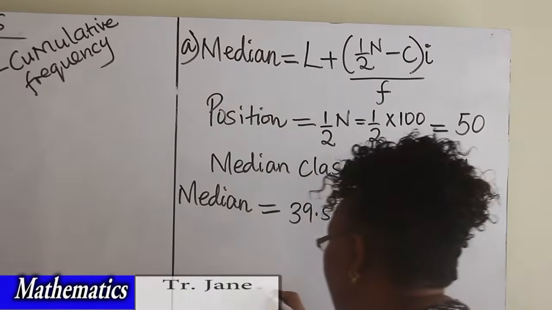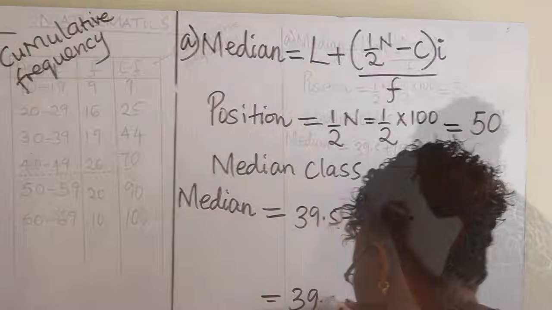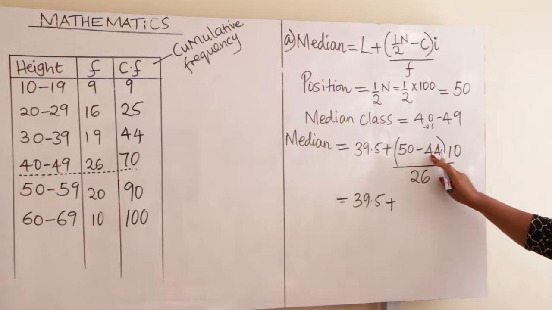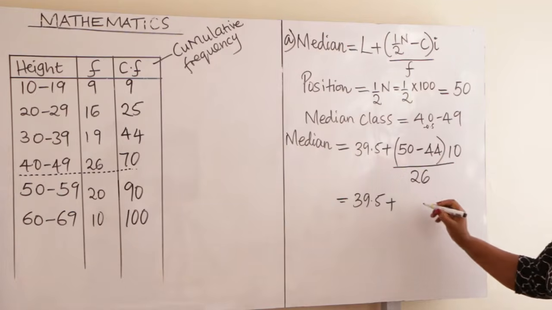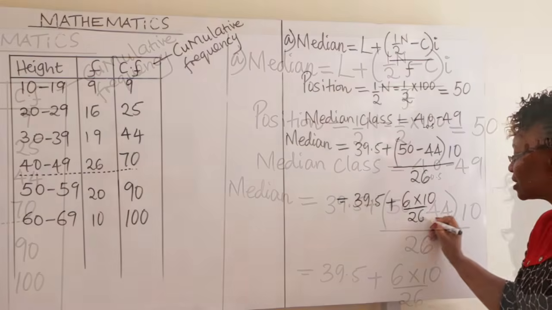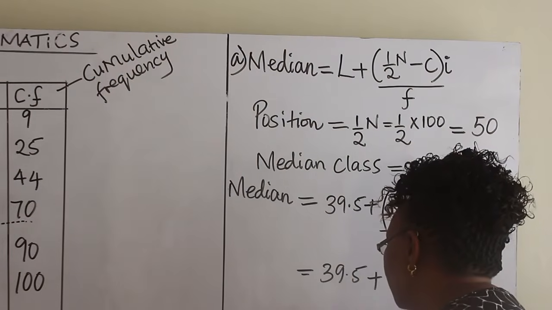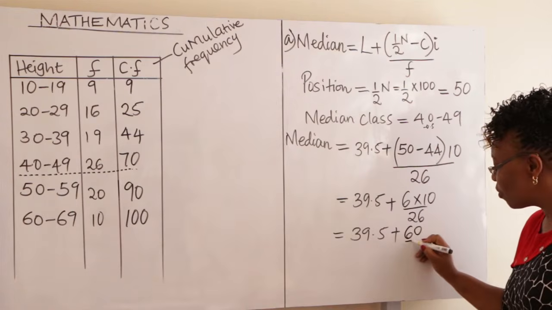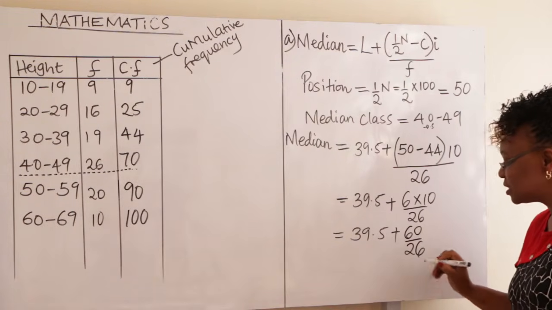And therefore, this is 39.5 plus 50 minus 44, which gives us 6, times 10 over 26. So this gives us 39.5 plus 60 over 26.